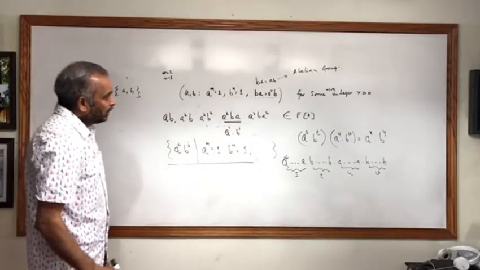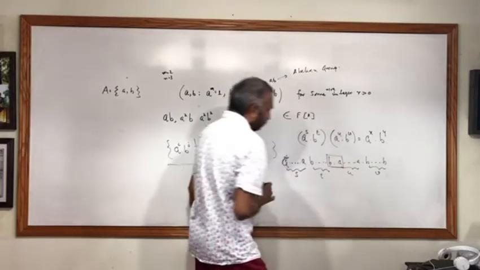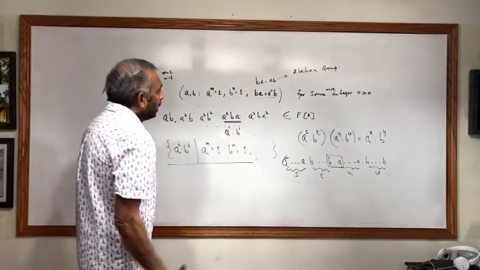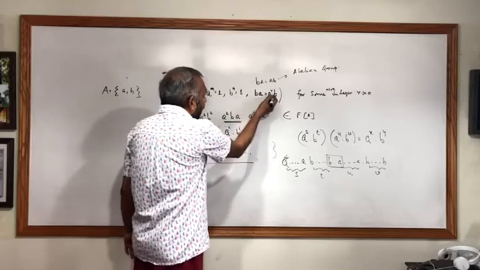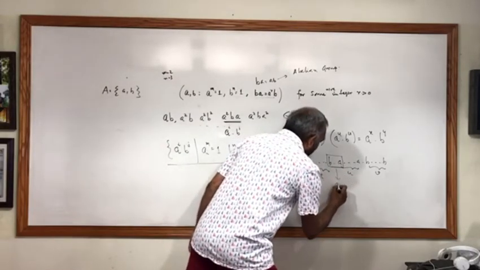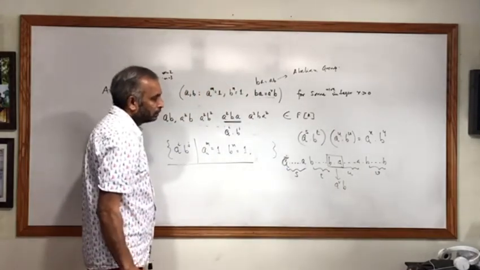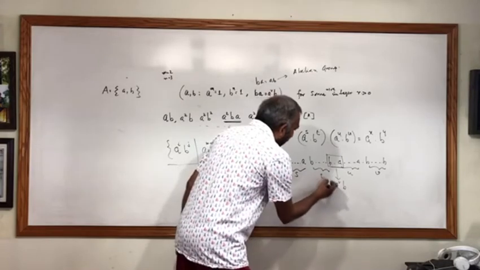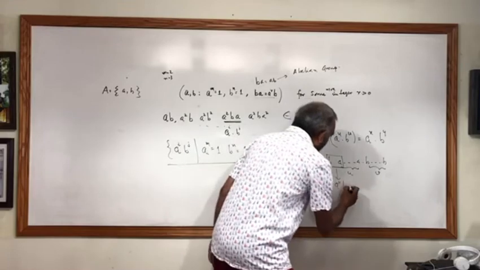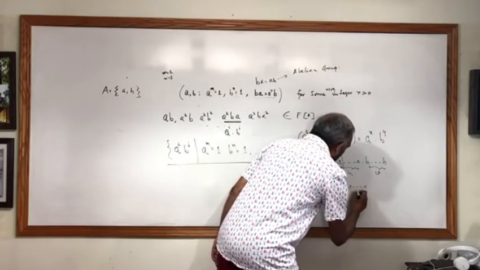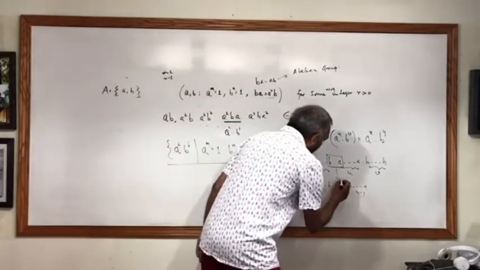So what we are doing here is we are combining these two, ba to a^r b. So this will be a^r b. Then what we have here, you will have b^(t-1), and here a^(u-1). So you have again another ba here.